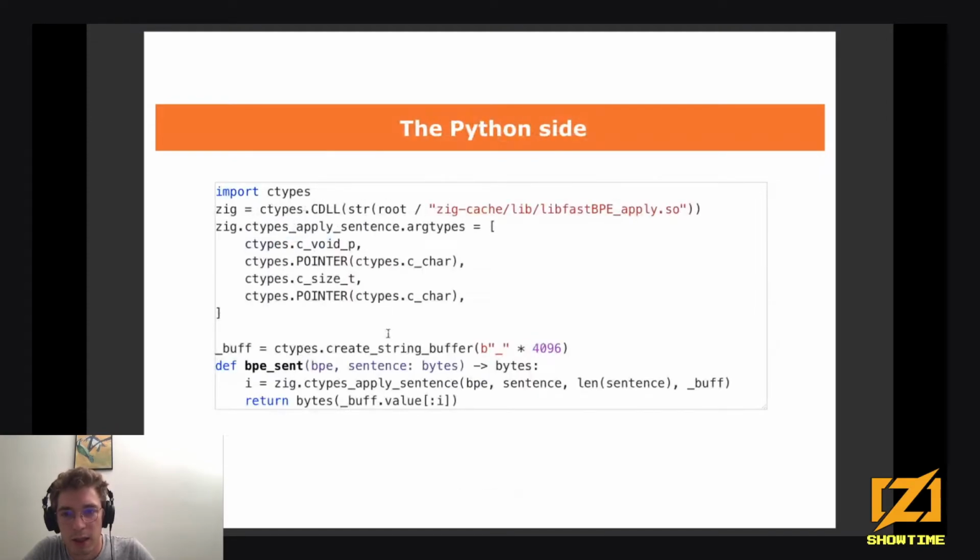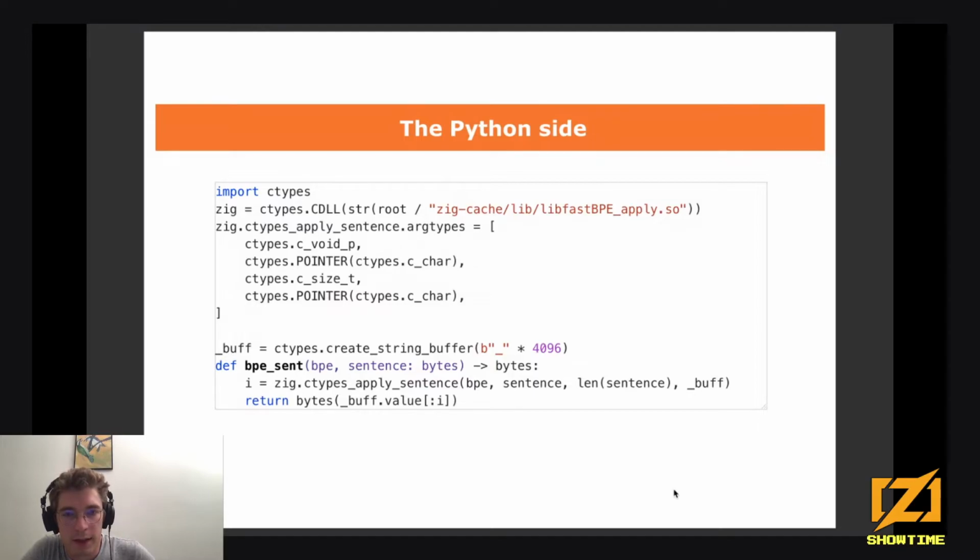Similarly, on the Python side, I take the sentence as bytes, and also have to declare the type of my function here. It also makes for a function which is not really Python friendly, because I also have to send the sentence and its length, and also pass a buffer.